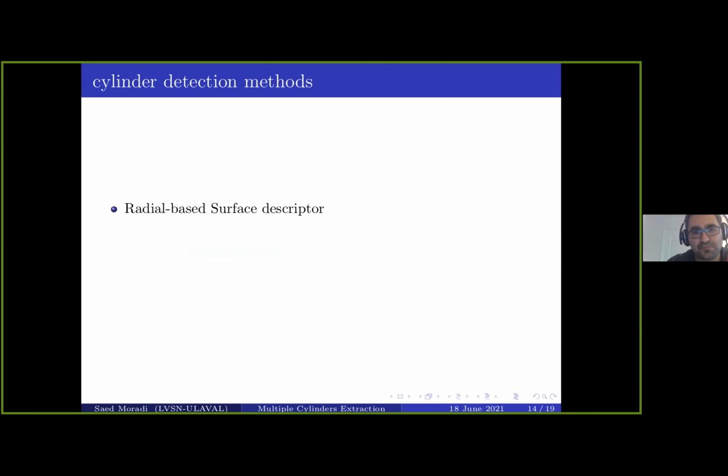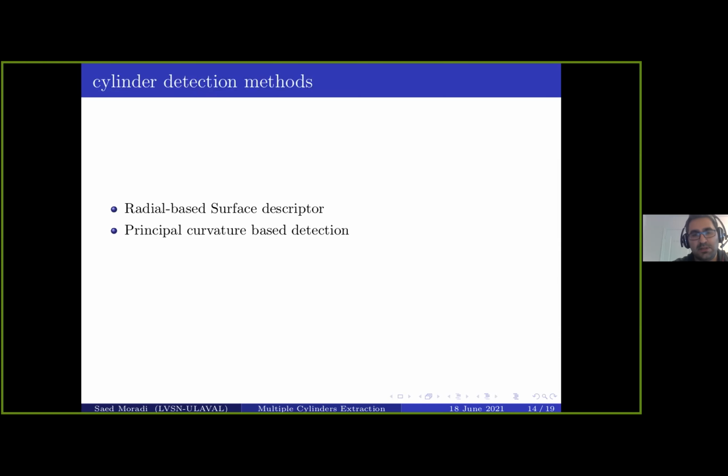There are two different ways to detect the cylindrical region in a depth image. The first one is using the radial-based surface descriptor, or RSD, and the second one is using principal curvature.